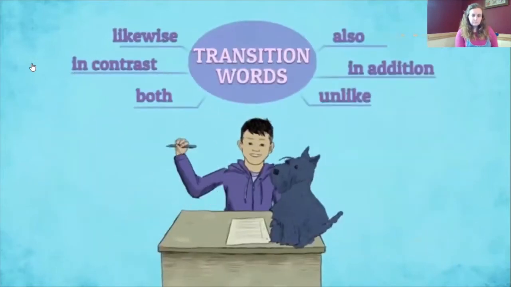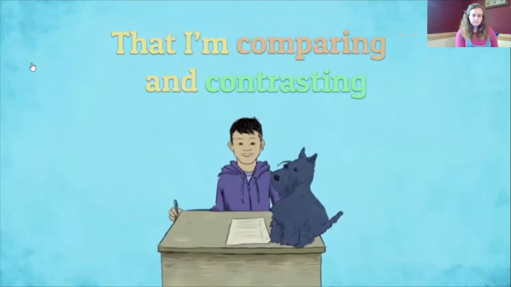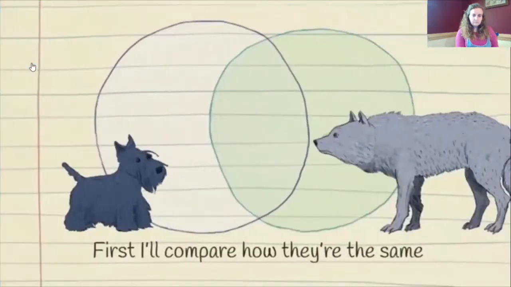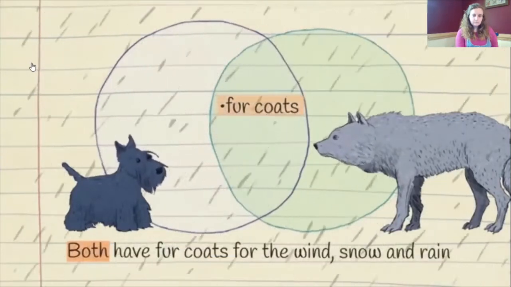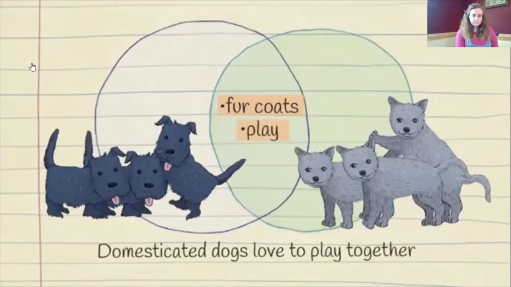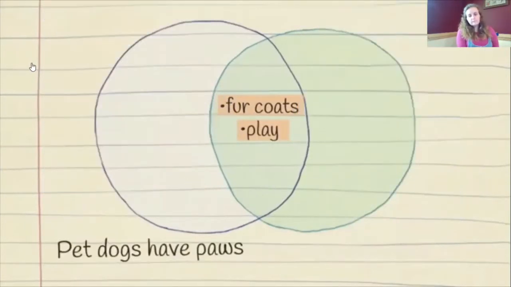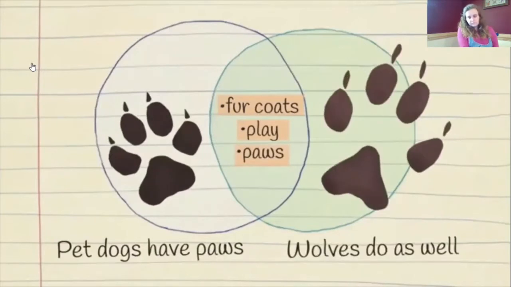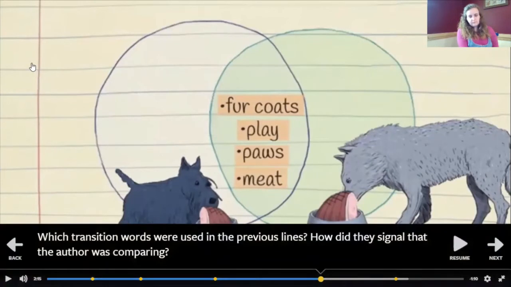I use transition words to help my readers know that I'm comparing and contrasting. Here we go. First, I'll compare how they're the same. Both have fur coats for the wind, snow, and rain. Domesticated dogs love to play together. Similarly, wolf puppies will play in any weather. Pet dogs have paws. Wolves do as well. Likewise, they both will eat meat. Can you tell? All right.